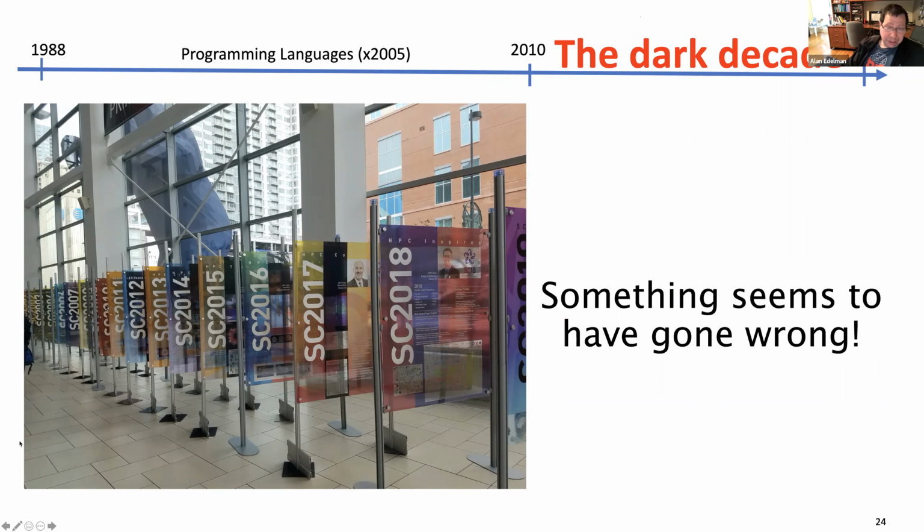But inside the center, the high performance computing people set up these banners with HPC throughout the ages, right? So every year they talked about what was new in supercomputing that year. And so I took a picture of that with my phone, going back all the way to 1990.